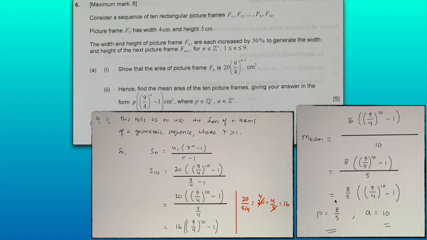Therefore, P is equal to 8/5, which is a positive rational number, and A is equal to 10, which is a positive integer.